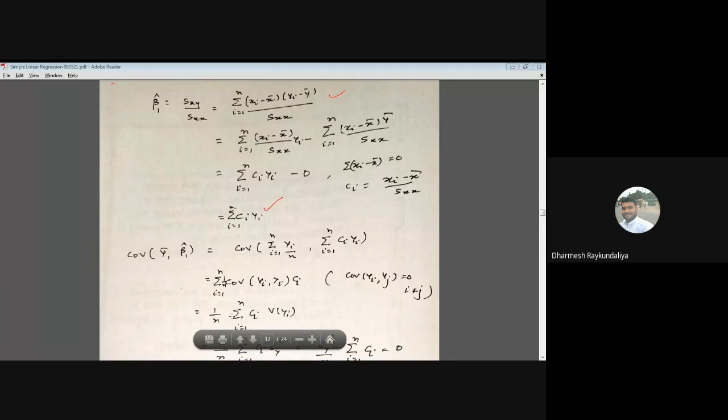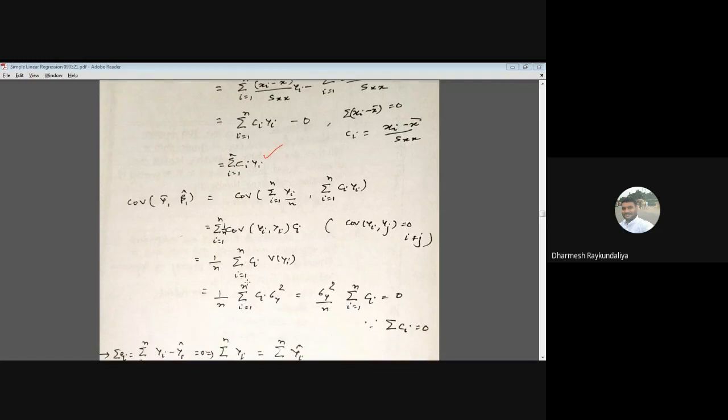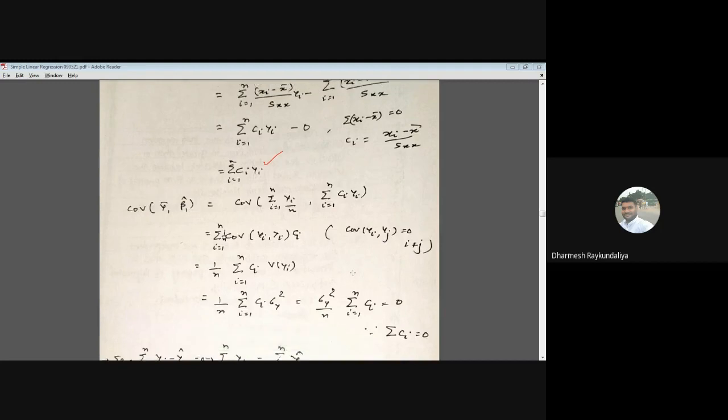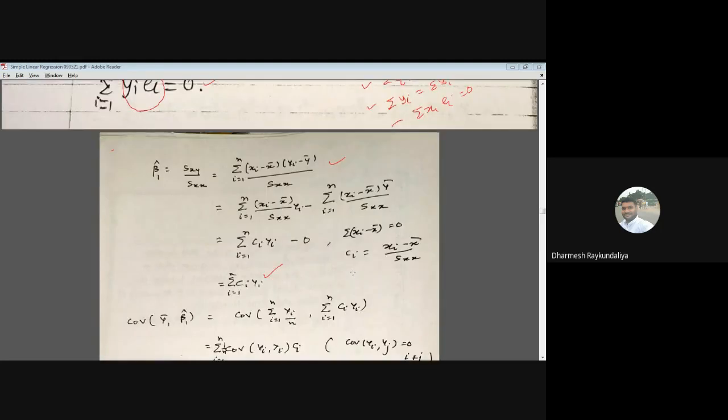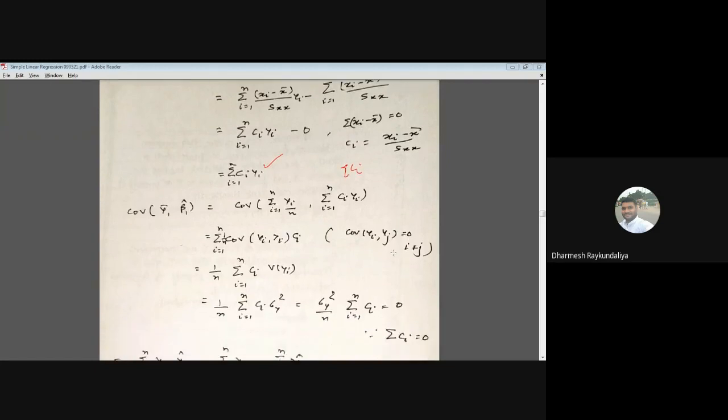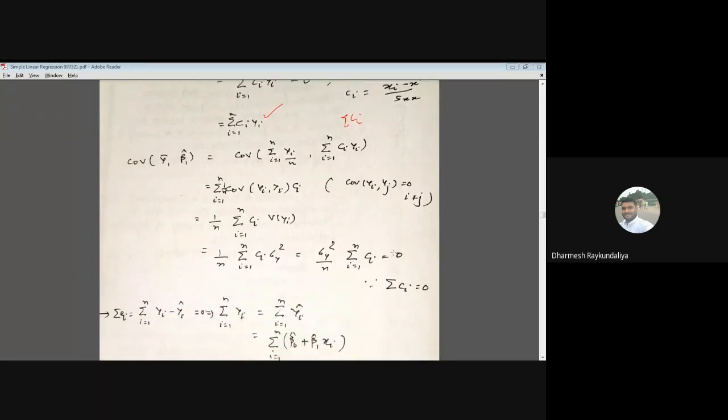So this is 1 upon n summation ci times the variance of yi, which we already obtained as sigma y squared. But what is summation of ci? It is 0, because Sxx is outside and the sum of xi minus x bar is 0. So the covariance between y bar and beta 1 cap is always 0.